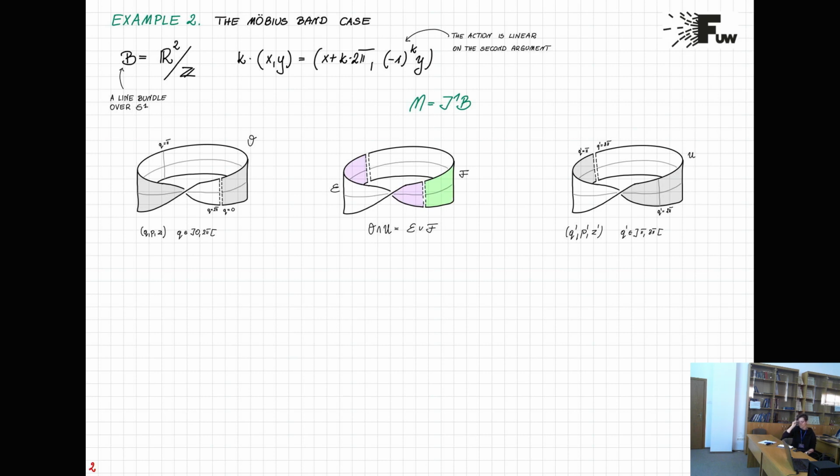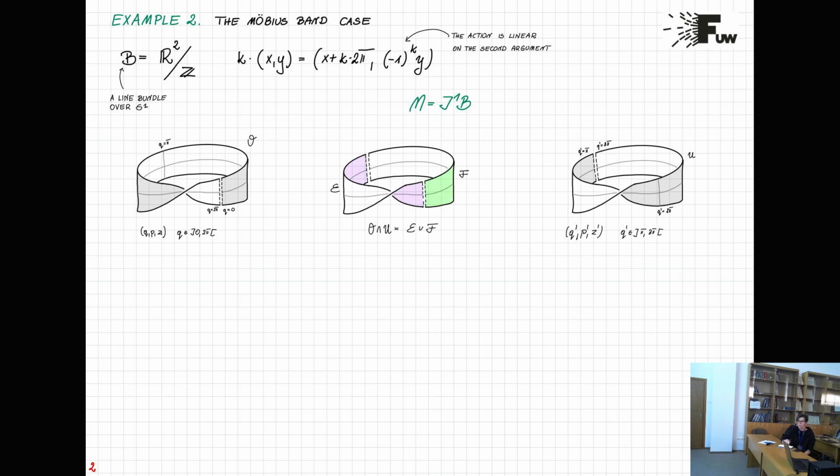We have integer numbers acting on pairs of real numbers in such a way that the first variable is a little bit translated by 2 pi, which is just chosen for convenience. And whenever we move once by 2 pi, we flip the sign in the vertical direction, dividing R2 over Z. By Z we obtain this B, which is a line bundle over S1, over a circle.